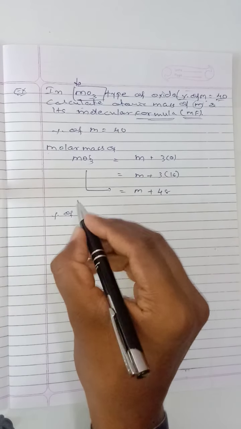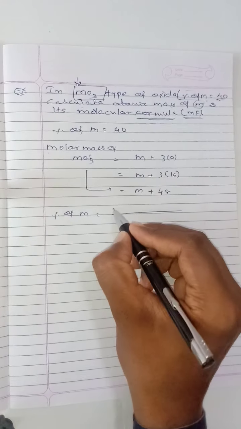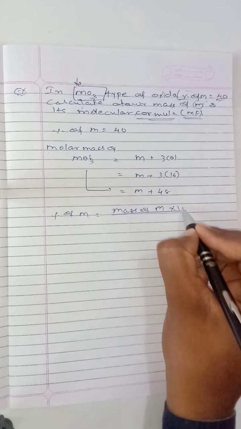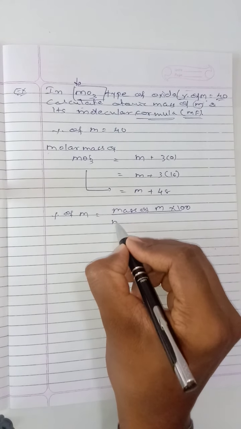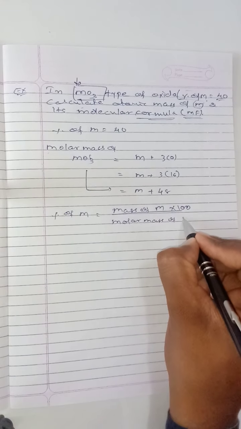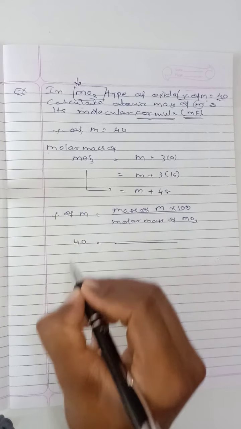Percent of M equals mass of M multiplied by 100 divided by molar mass of MO3. Percentage of M is 40.